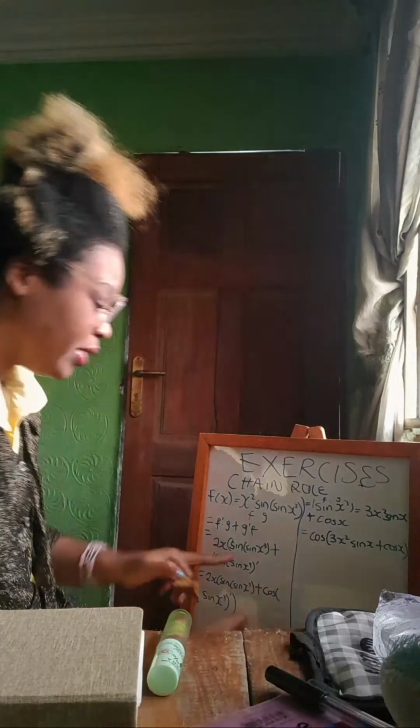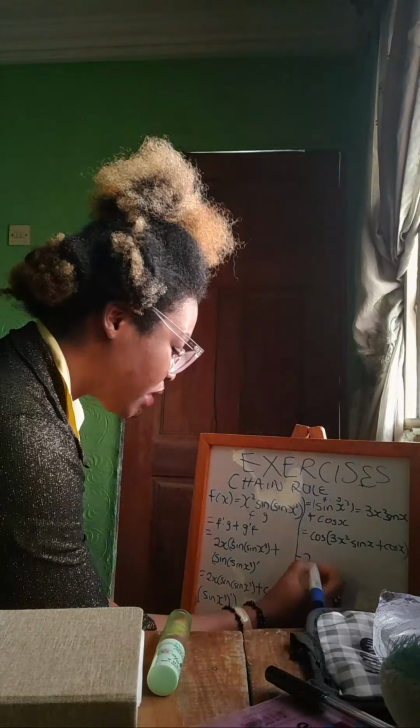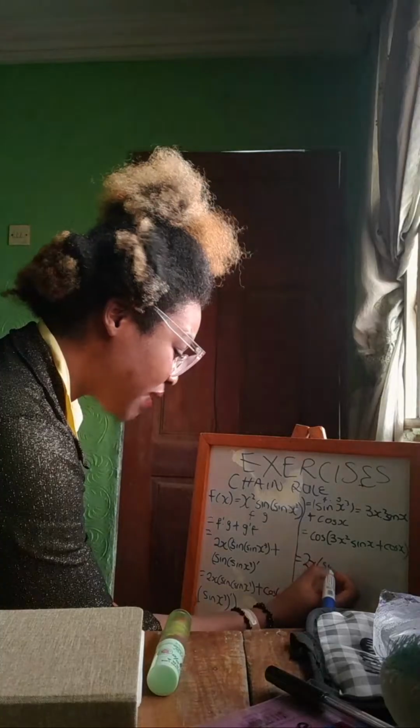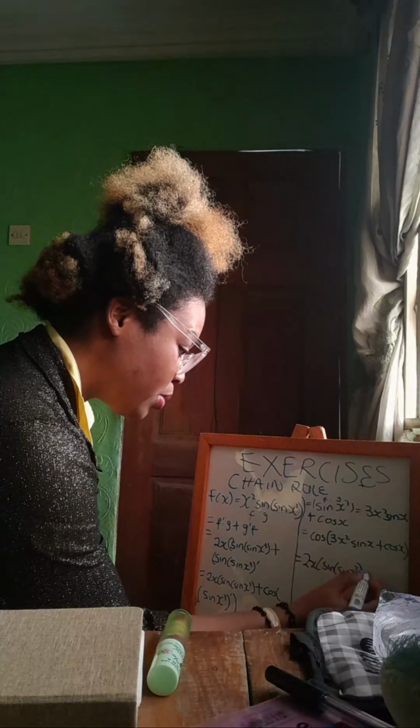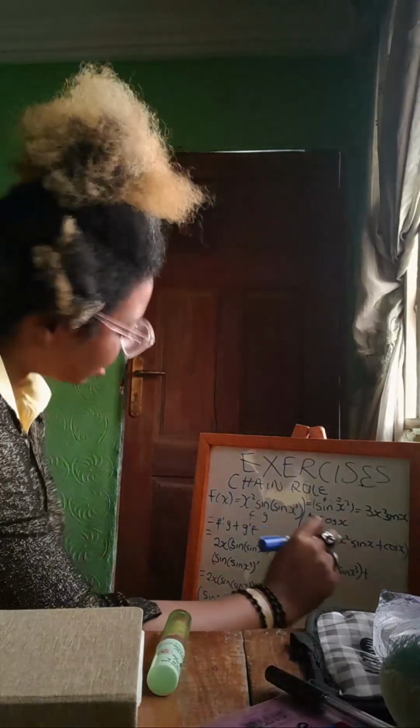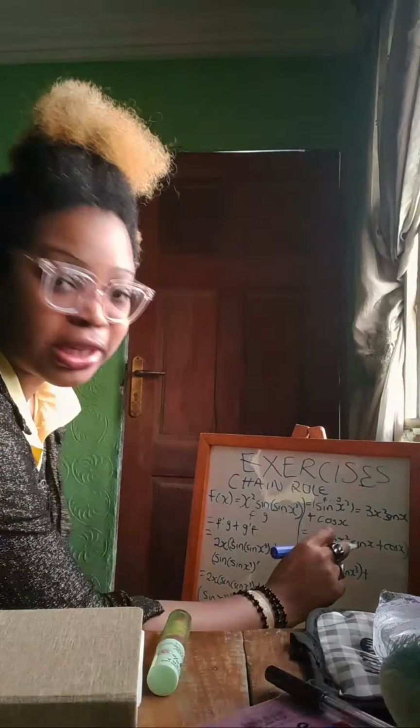So I'll now bring the f prime g first and see how it looks. 2x into sine x cubed plus this function. There's something wrong with this function here. I think I'm wrong in this stuff here. But let's just keep going.